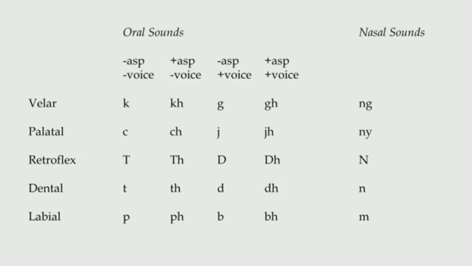So this is what we mean. With this explanation, I want you to understand what voicing means. And if you understand voicing now and if you understand aspiration, then the two things put together give us distinctive features for each one of these sounds from different places of articulation.